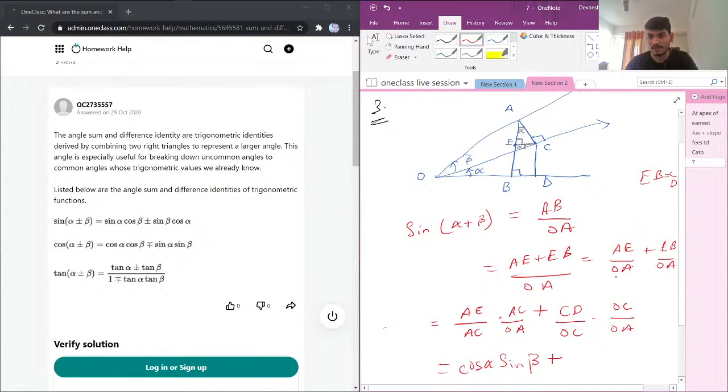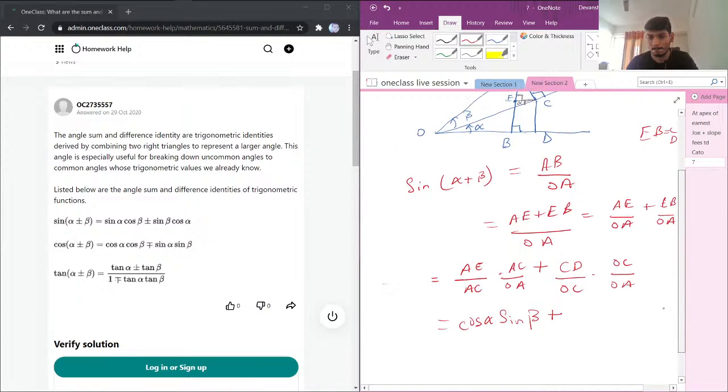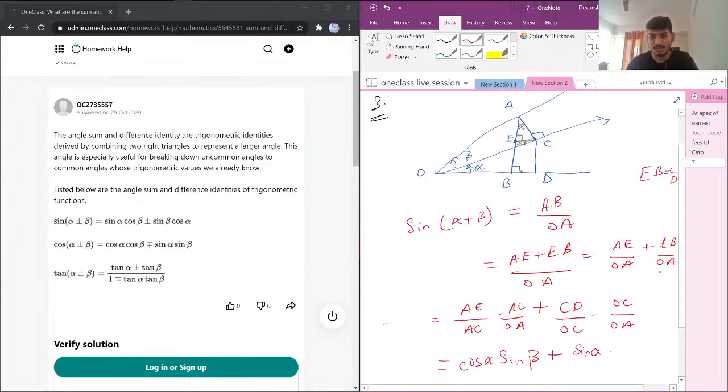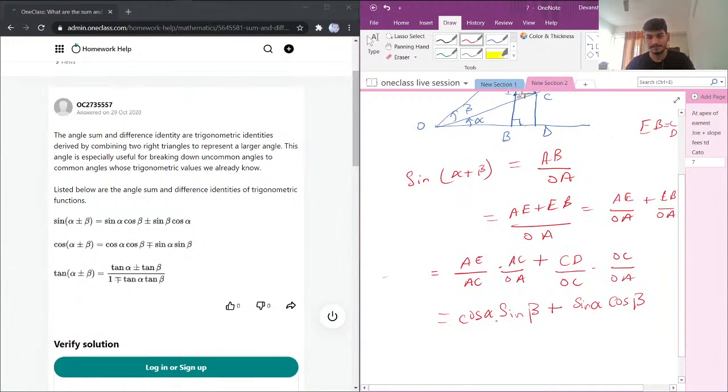This will be sine of alpha, sine of alpha times OC over OA. Now OC is the base for beta and OA is the hypotenuse. So this will be cosine of beta. So this is the proof of the sine of alpha plus beta.